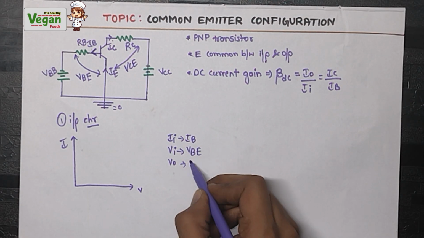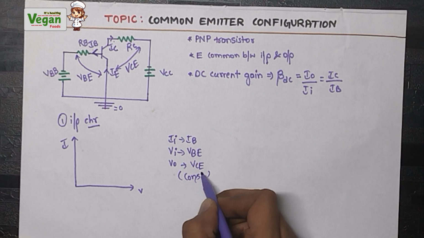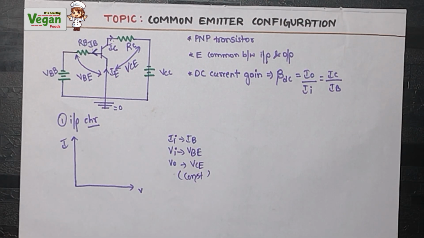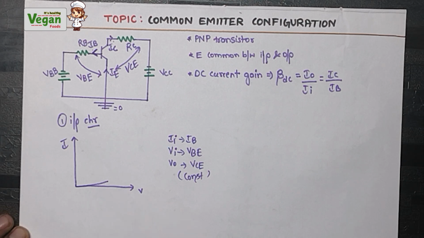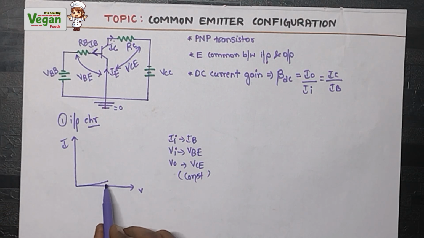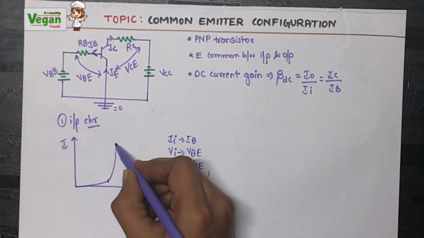That is VCE. We must keep the output voltage constant because we are plotting the input characteristic graph. While plotting, up to a certain limit, that is, up to the threshold value, the current will increase slowly. When it crosses the threshold voltage, it will increase sharply.